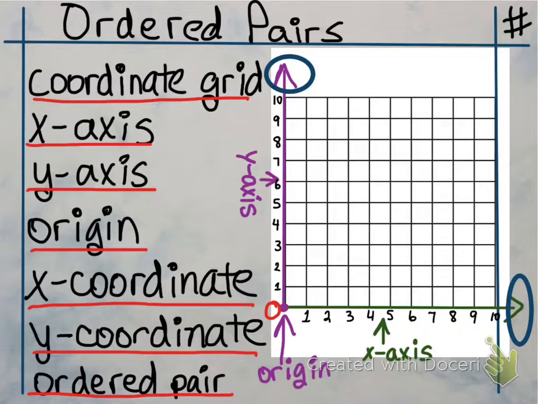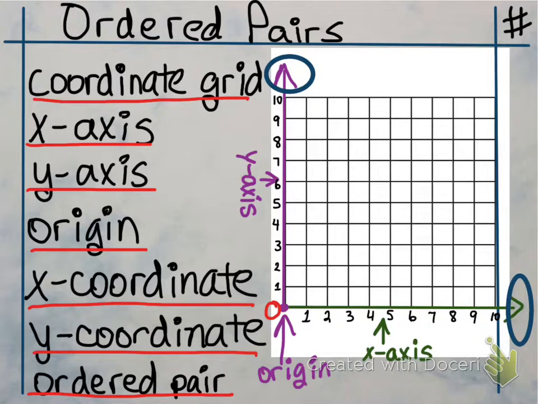In order to locate a point on our coordinate plane, it is helpful to label our x-axis and y-axis with numbers. In this instance, each of the lines on our axis in our grid are going to equal 1 unit. So I've numbered the x-axis and y-axis by 1s, 1 through 10.